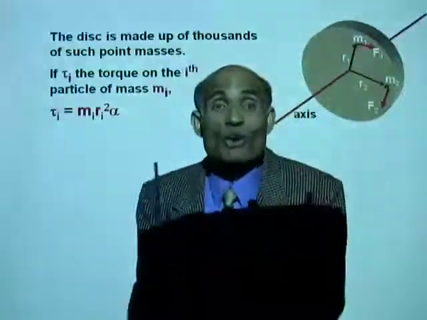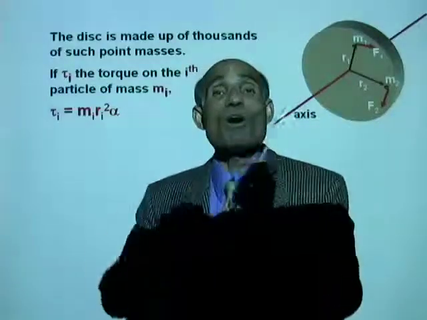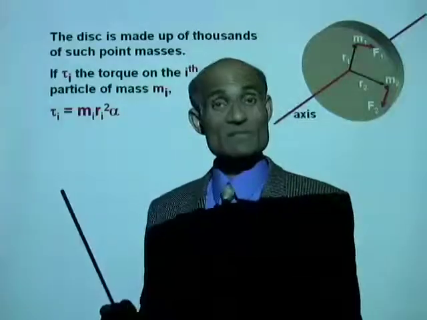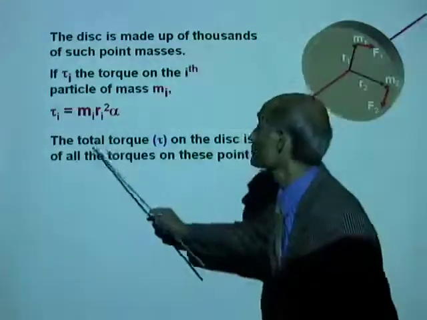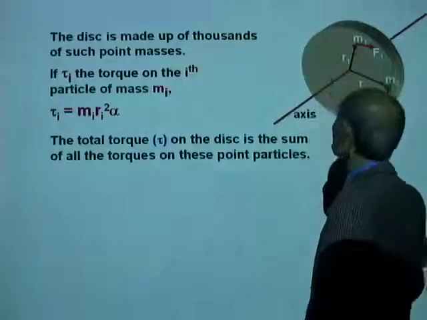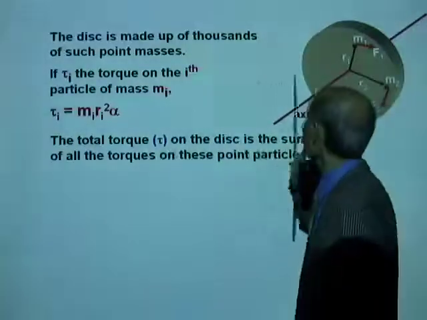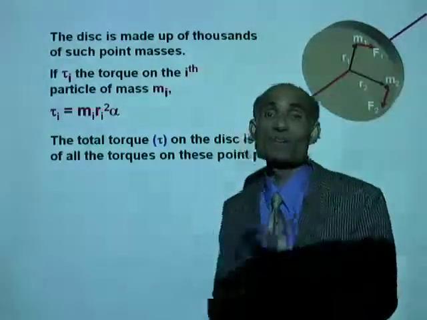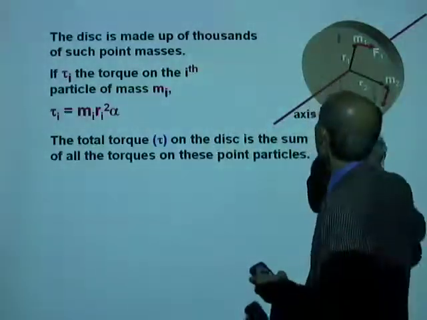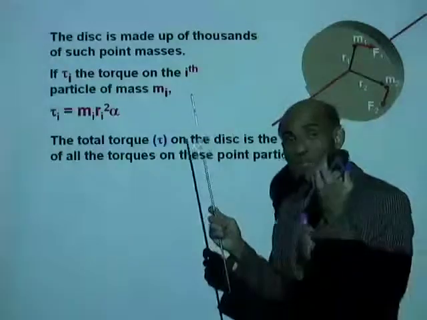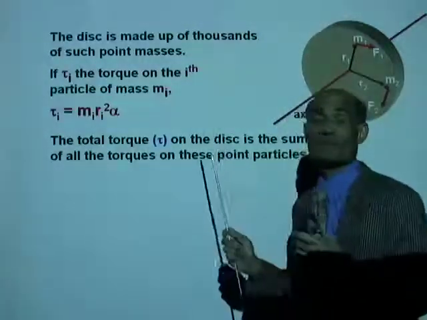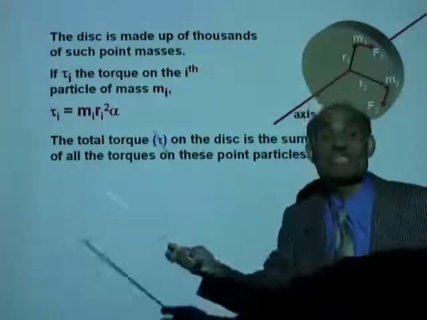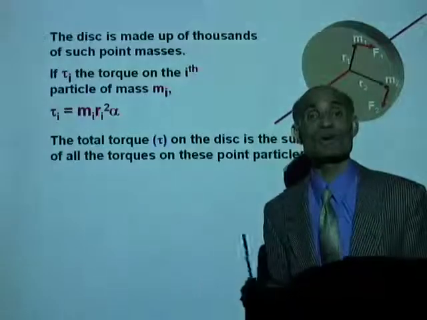The total torque, therefore, will be the sum of the torques of all these particles. Does it make sense? I think so. The total torque tau on the disk. We have now obtained the torques on each individual particle. If you know the torques of all the particles that compose the disk, then the total torque tau on that disk will be the sum of all these torques.